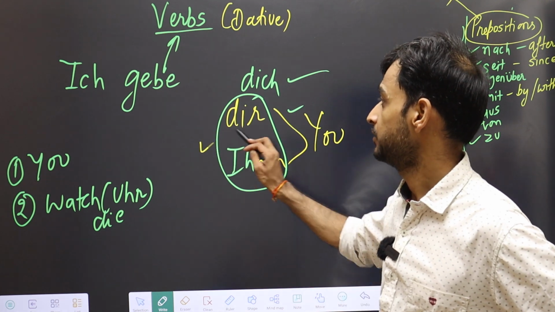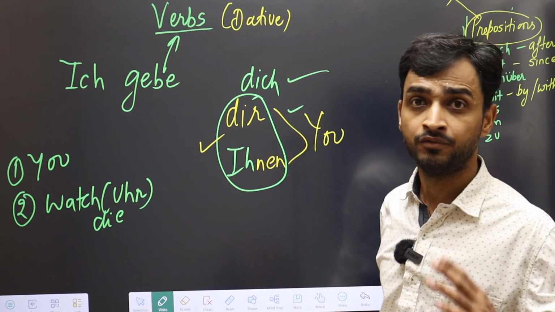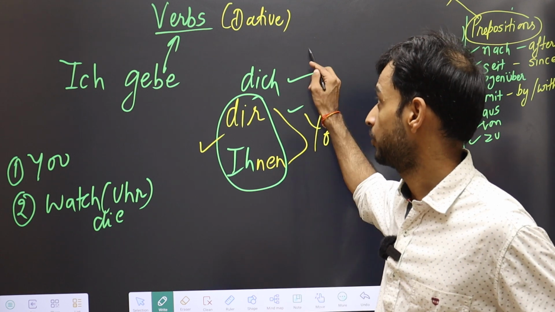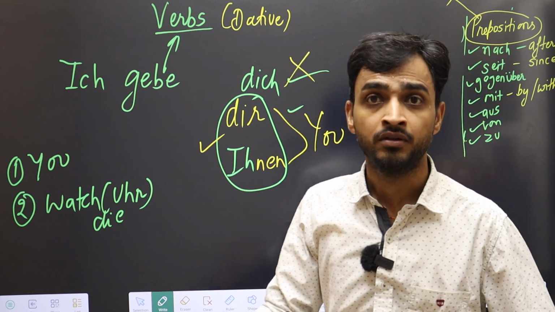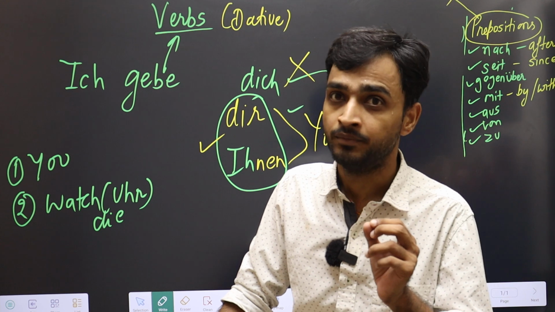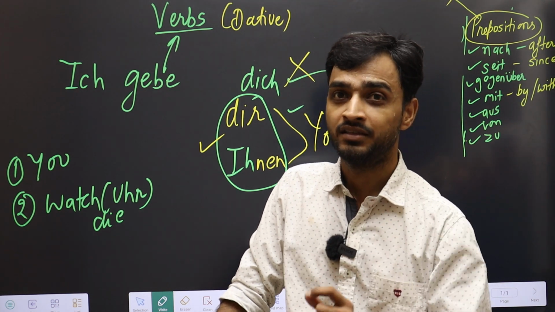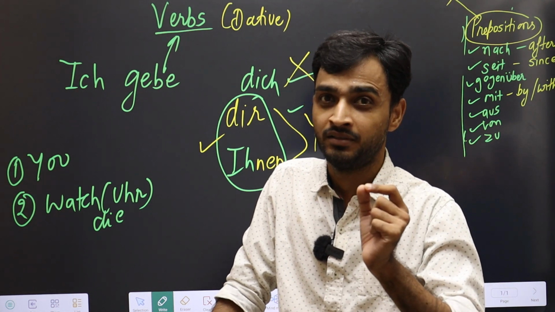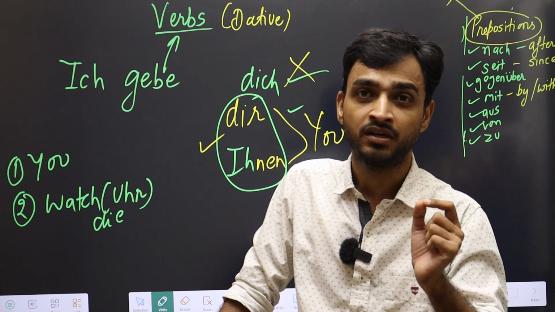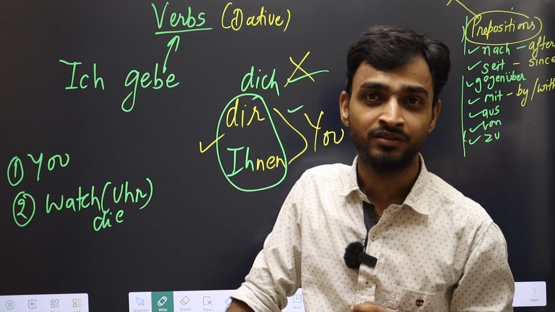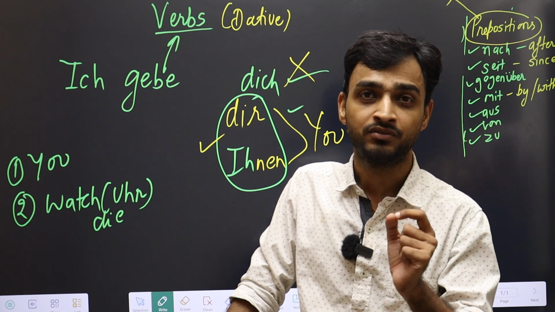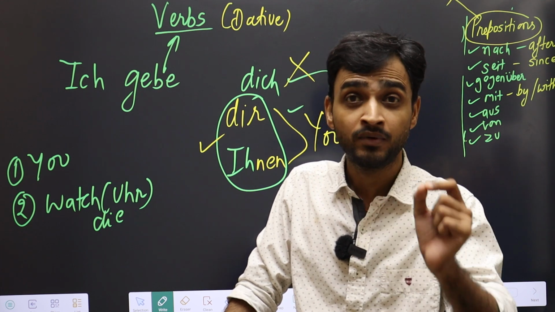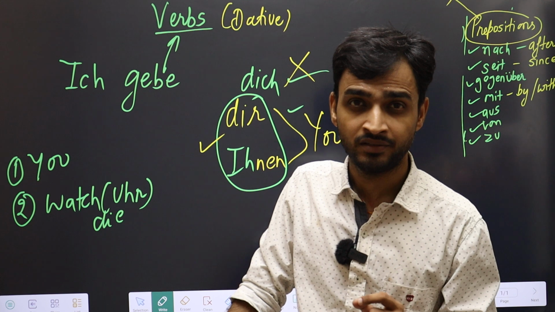I have to write dir, informal, or formal Ihnen. Dich is wrong. Although it means you, since geben is a dative verb, I cannot use dich. I have to write dative. So this is my indirect object, my dative object.